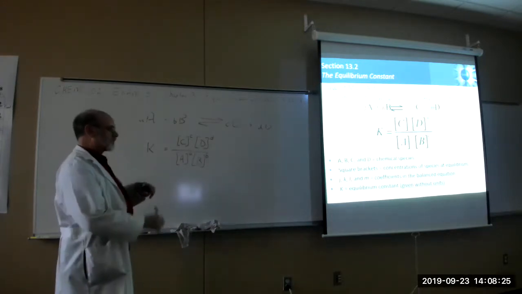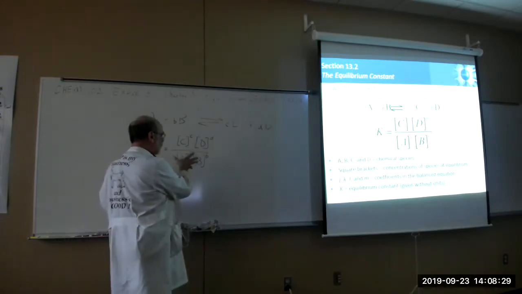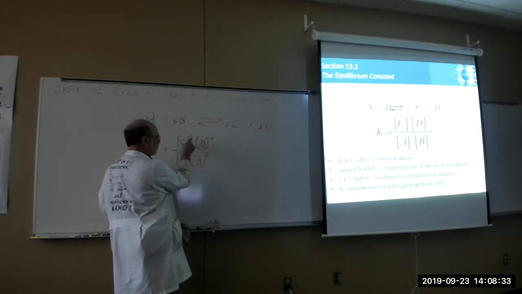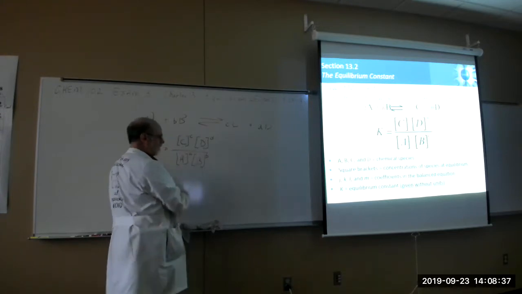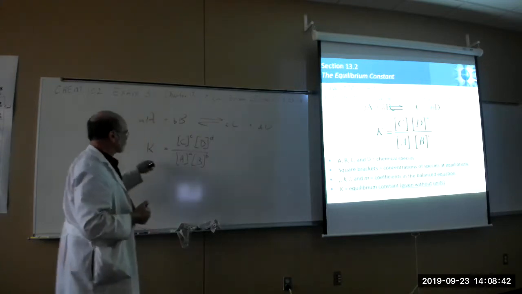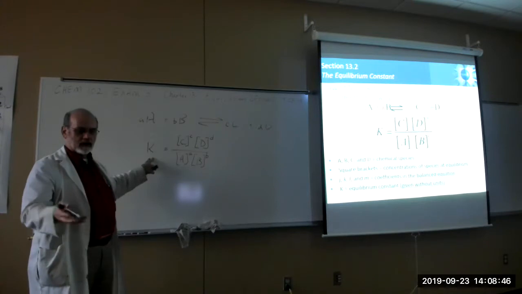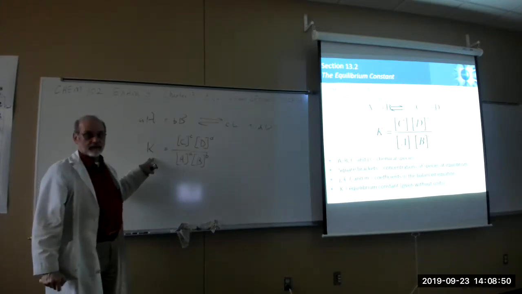So we just have to be careful that when we're writing the expression, we use the proper units, and we be sure that we've incorporated the correct powers. And then when we do the calculations, we get a number, and these numbers are listed in published articles or in reference manuals. So you can look them up.